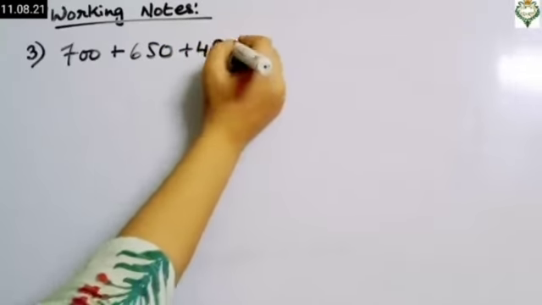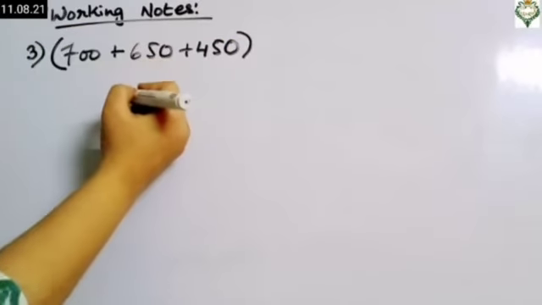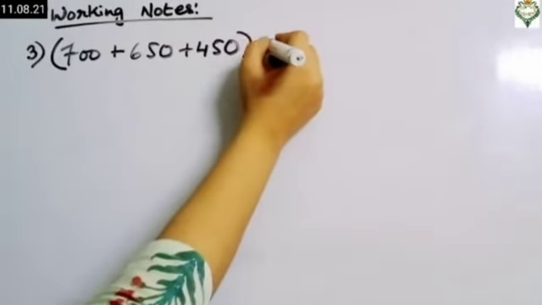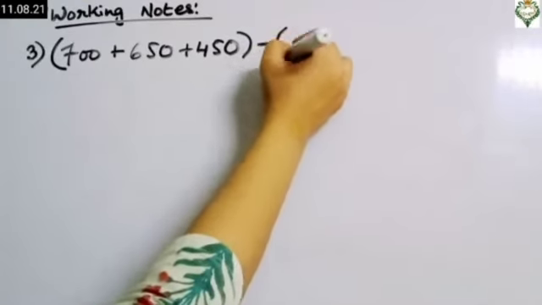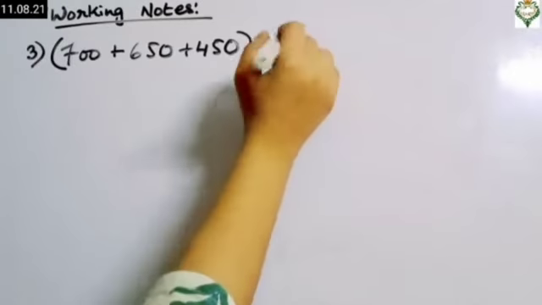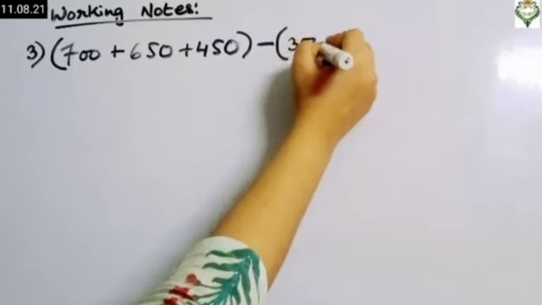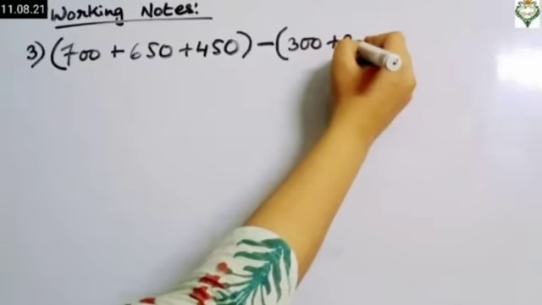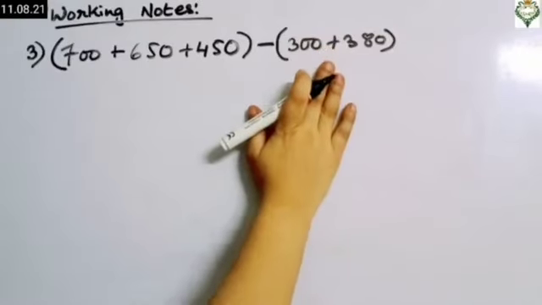This is the debit amount. Then from this we have to subtract the credit cash column amount. Then only we will get to know our total cash that is there. So the credit amount is 300 and 380. These two amounts are there in the credit cash column.